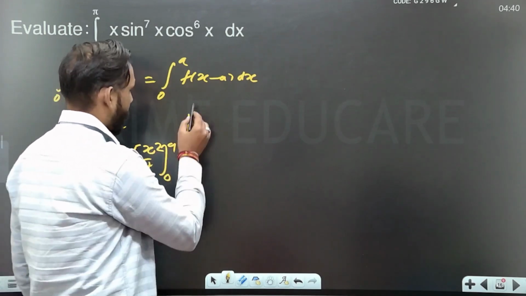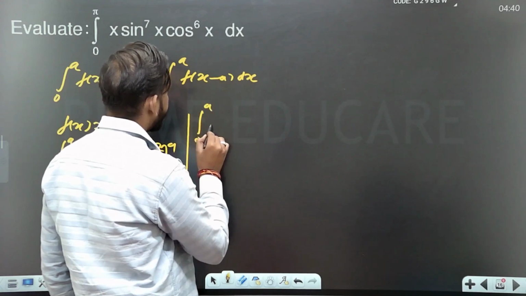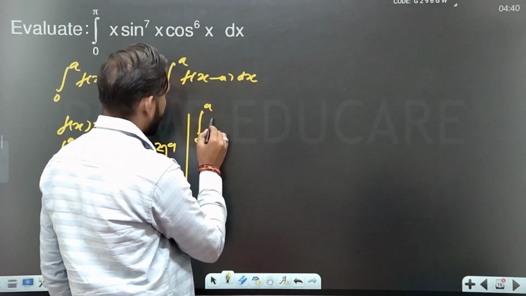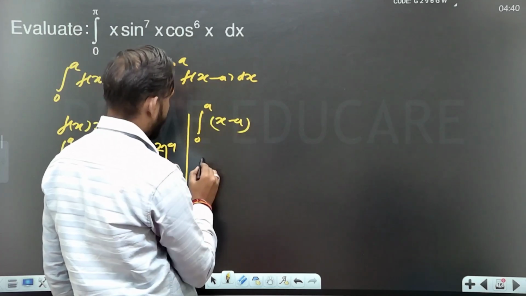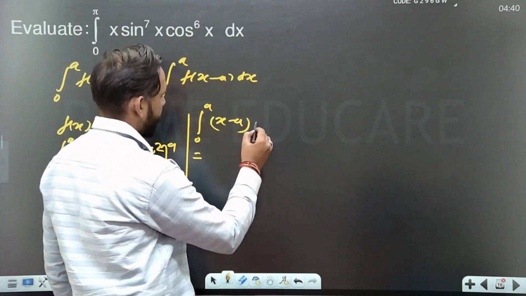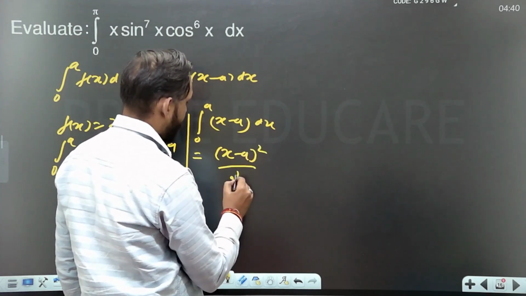And if we want to calculate the other form, we have the integral from 0 to a, and the value of this function is x minus a, so the integral is x minus a whole square by 2.